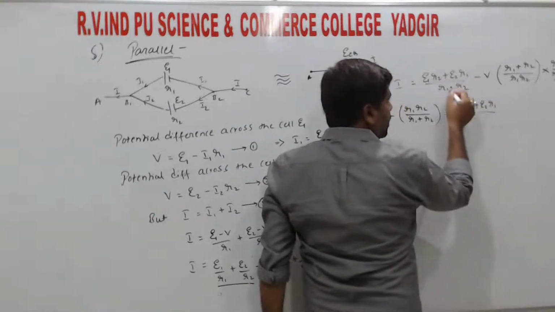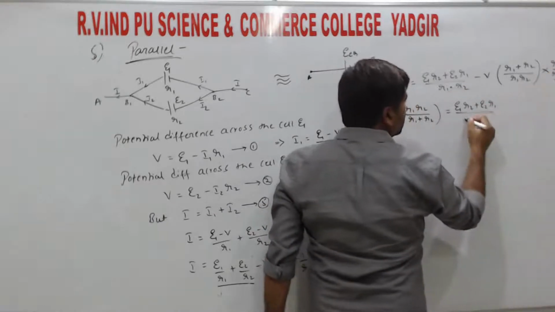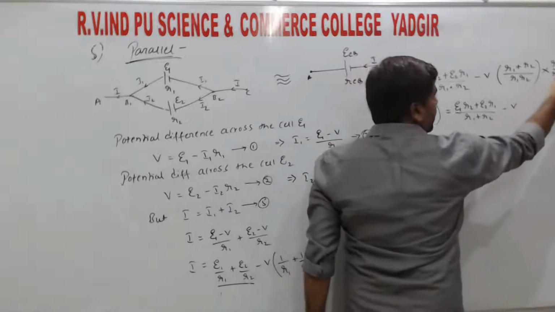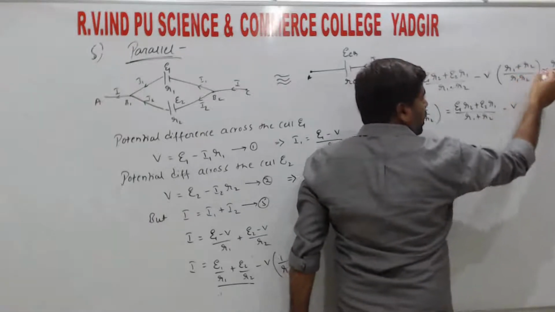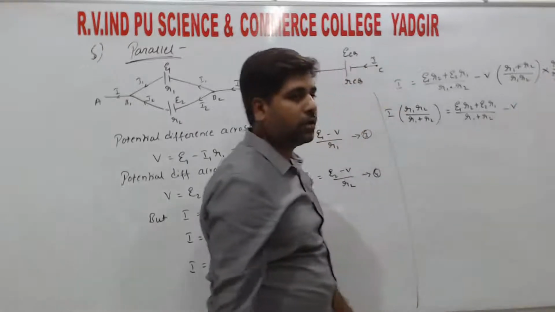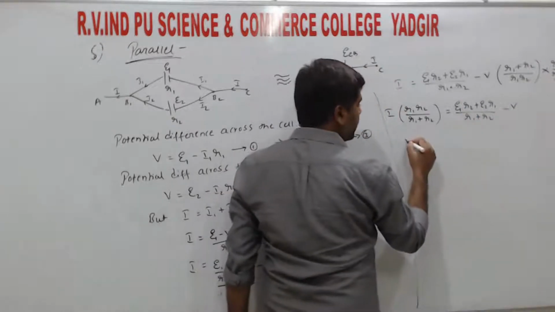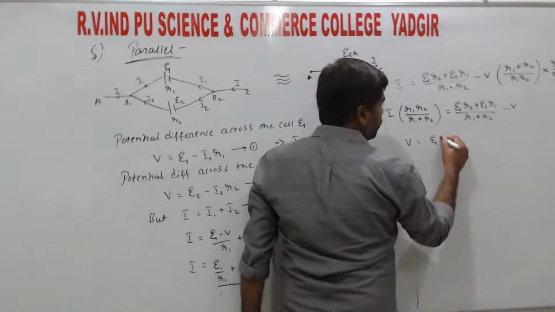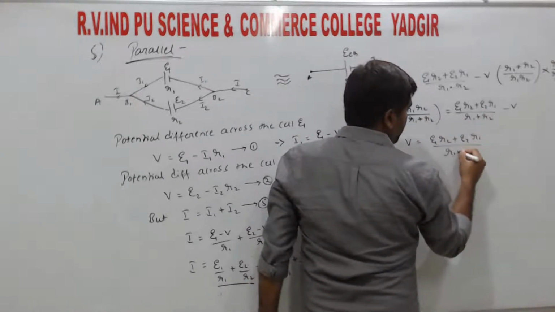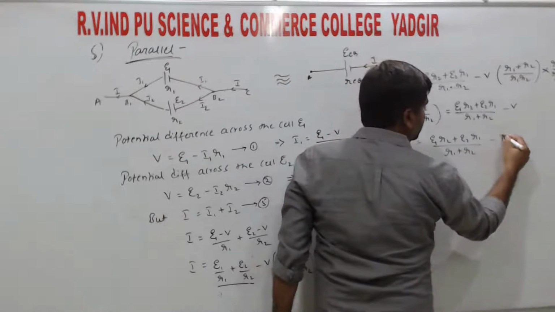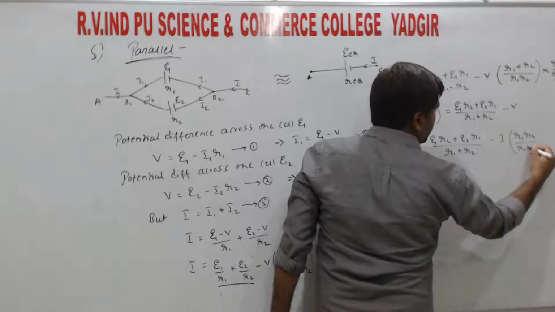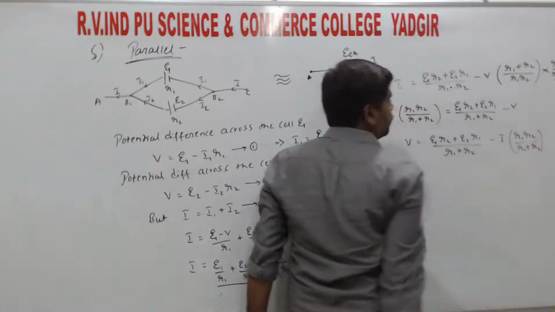Here R1 R2 get cancelled, R1 plus R2 minus I into... when we multiply the complete term, all the terms cancel, and we get only the V, right? So shifting to the LHS, V is equal to E1 R2 plus E2 R1 by R1 plus R2, minus I into R1 R2 by R1 plus R2.